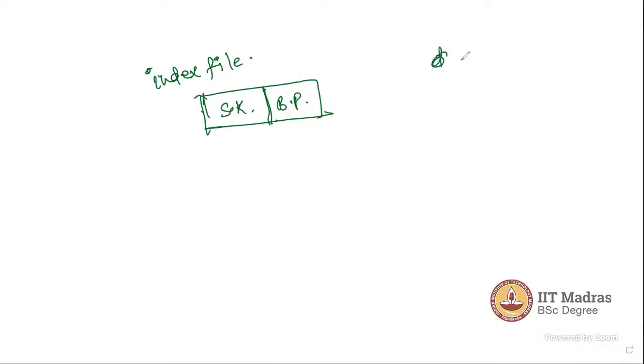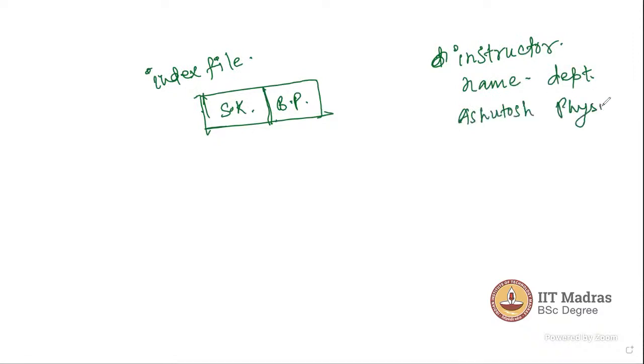And here is the instructor table, or student table. This is the name, and this is the department number. Let's say this is Ashutosh from the physics department and this is Ashutosh from the computer science department.